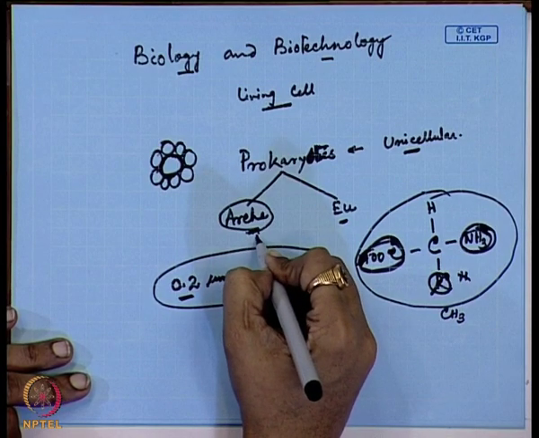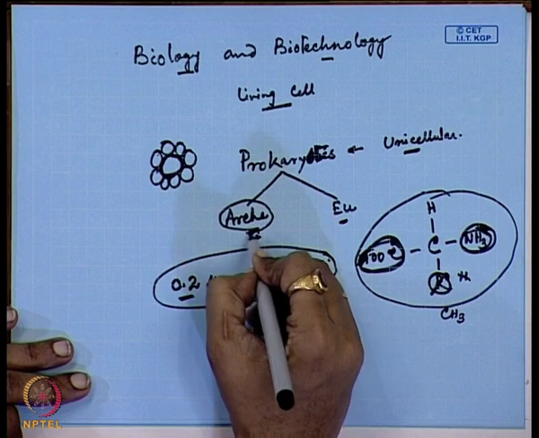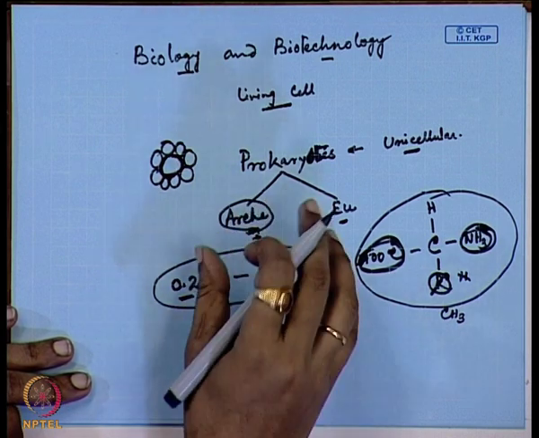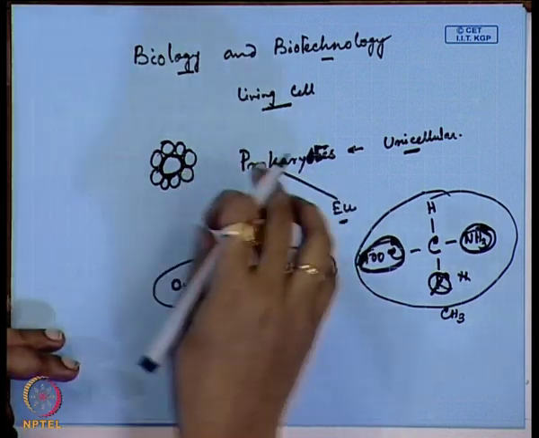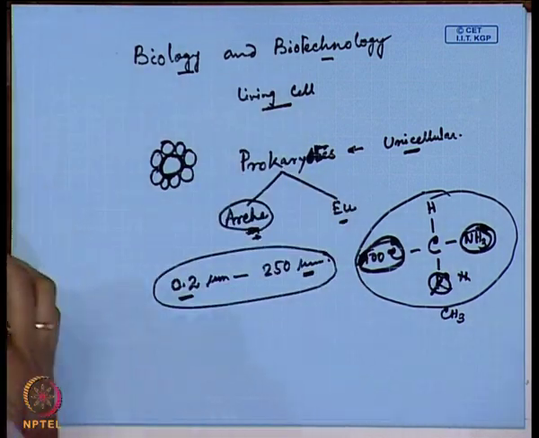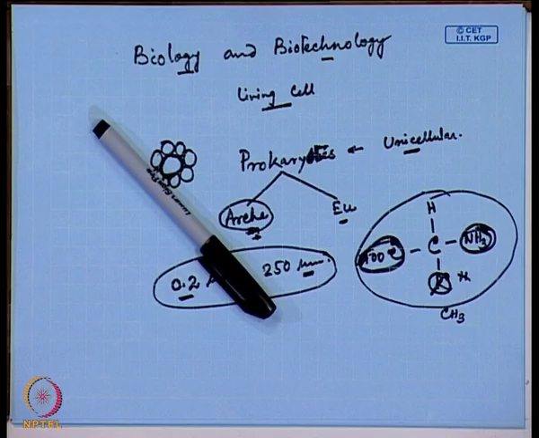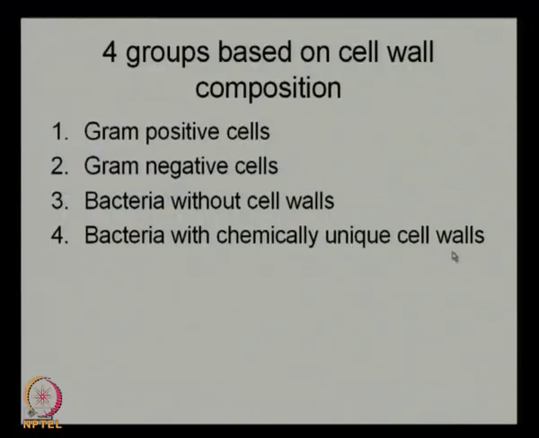These are a very primitive group of bacteria, and they have certain changes in cell wall composition, and that is the reason we call it the unique cell wall of this group. And some bacteria do not have any cell wall at all, and Mycoplasma is one example of that group.